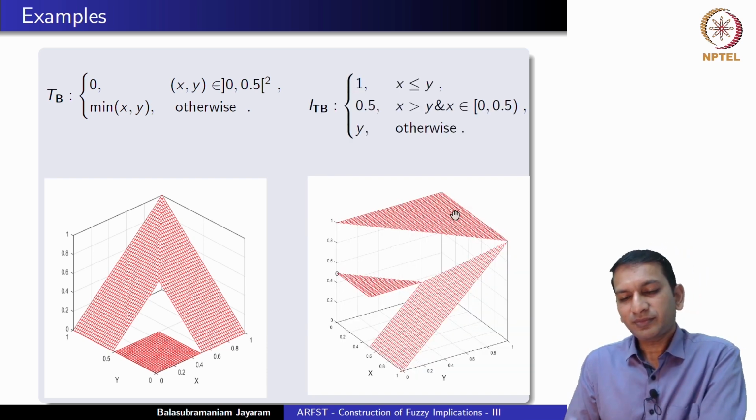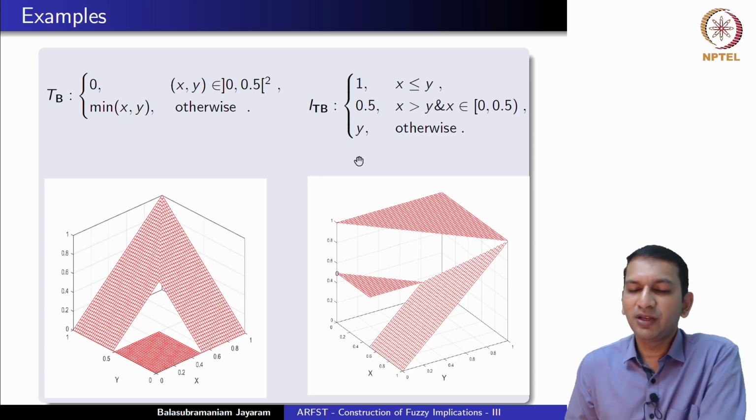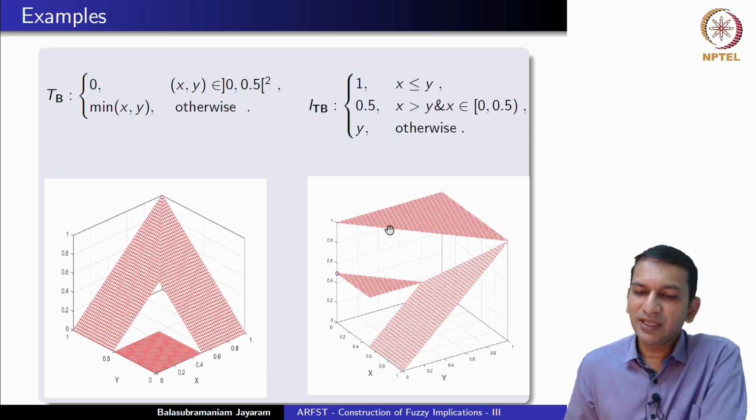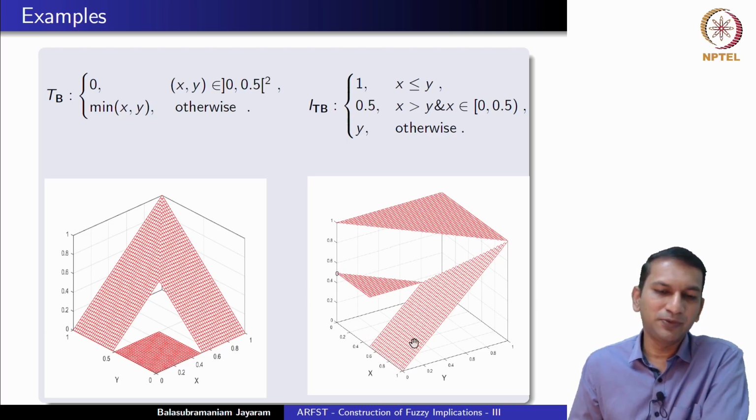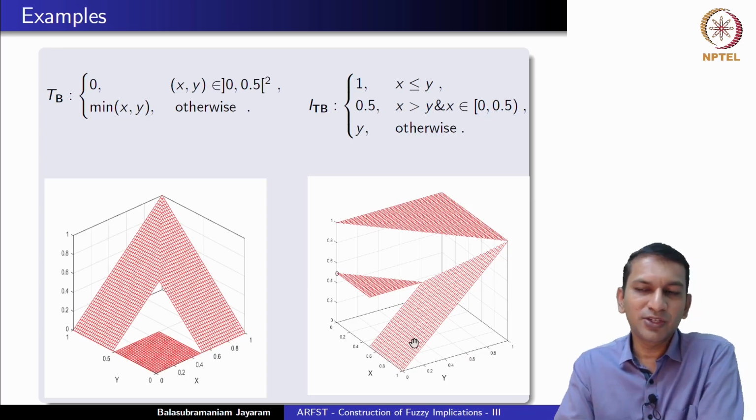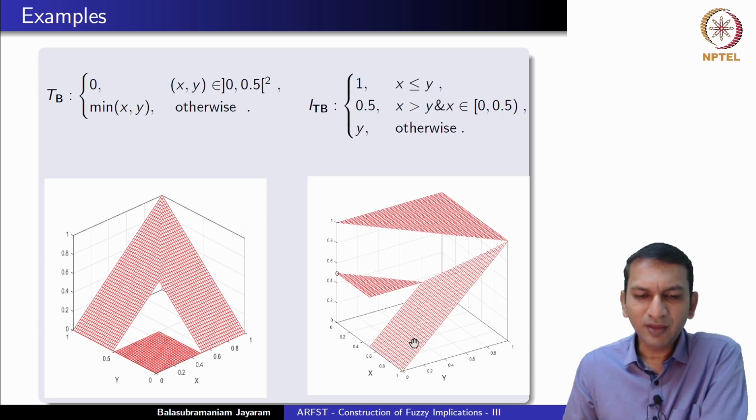Now, if you look at its corresponding R implication, we see that clearly it has OP. And what is interesting is that the natural negation of that is, at 0 it is 1, between 0 and 0.5 it is 0.5, and from 0.5 to 1 it is actually 0. That means the natural negation obtained from the R implication coincides with the natural negation obtained from the T norm.